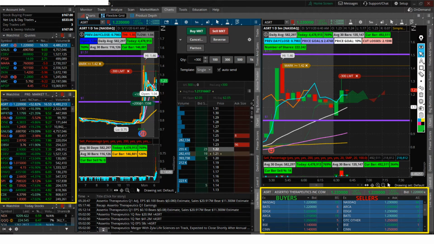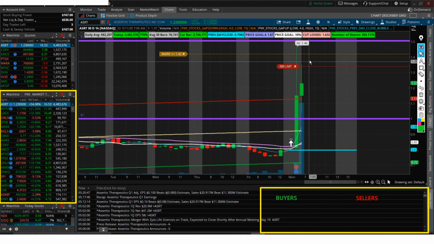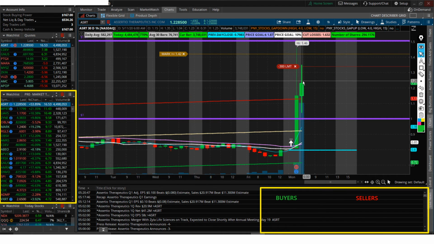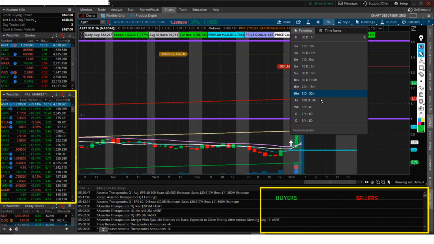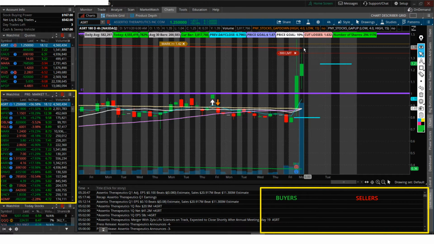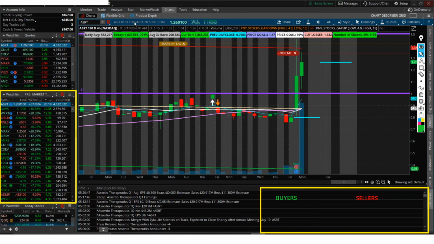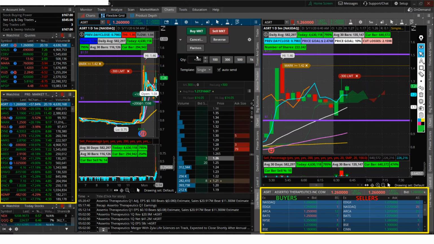But if I were to look at the 1 hour, I can see it's already off too high. 4 hours, it's already close to up there, $1.38. There you go. Now it's coming back again.